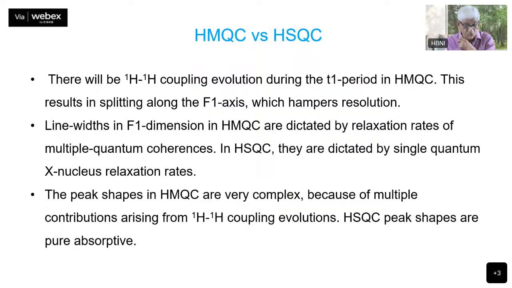HSQC peak shapes are pure absorptive. Therefore, this is another disadvantage of HMQC. Here you can get mixed phases because of proton-proton coupling evolution, which is not explicitly calculated. You've shown only the transfer from proton to carbon-13 and carbon-13 back to proton, but during this period, proton-proton coupling evolution also happens, and that will complicate the spectrum.